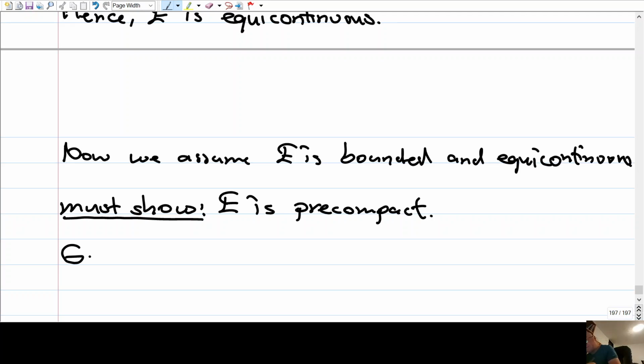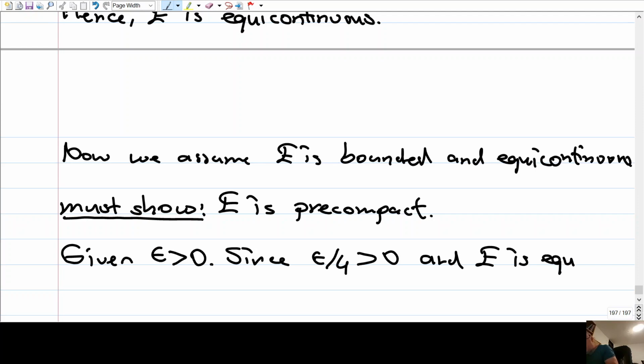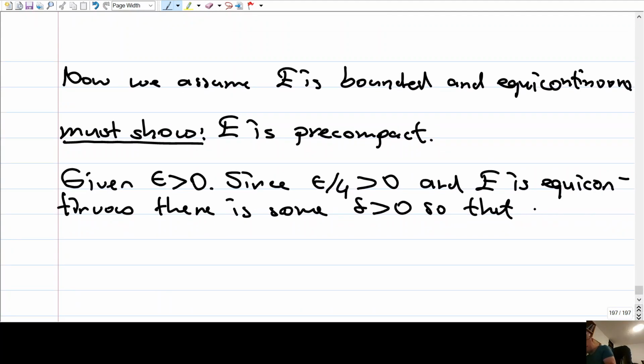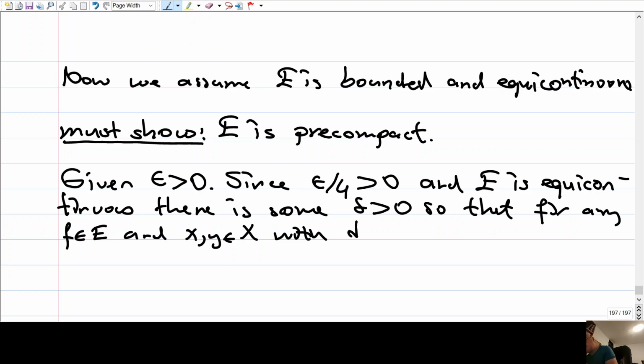So given epsilon positive, first, since epsilon over 4 is positive and E is equicontinuous, there is some delta positive so that for any f in E and x, y in X with d(x,y) less than delta, we have the following.